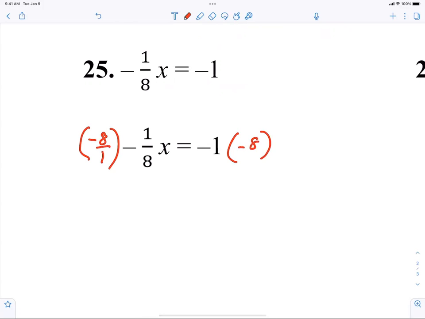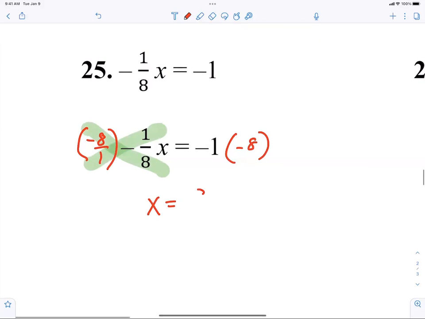Do I technically have to put the over 1? No, because that just means you're multiplying by 8. All right, now these two guys cancel out. Negative times a negative is a positive, so final answer 8. Final answer is 8.